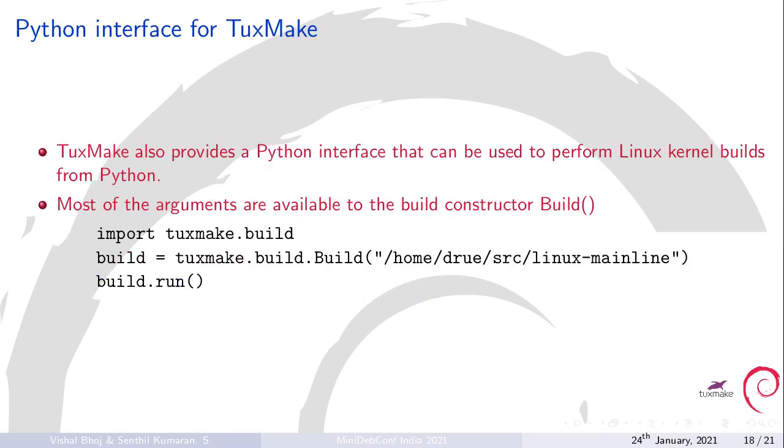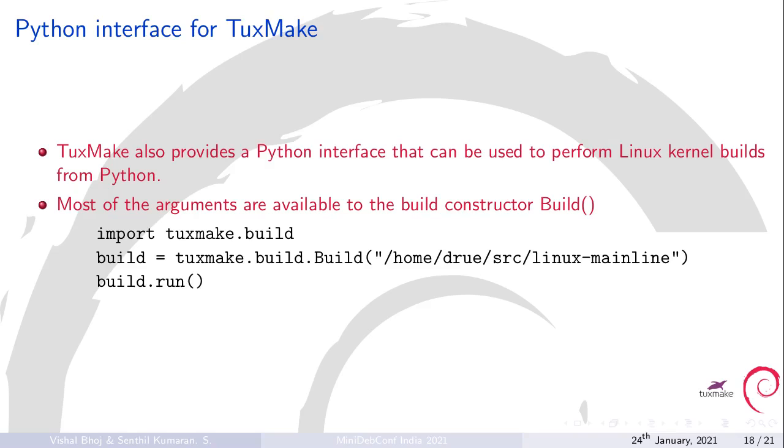TuxMake also provides a Python interface for performing Linux kernel builds from Python. This is extremely useful if you're building some CI system in Python and you want to include the kernel builds as part of the build process.